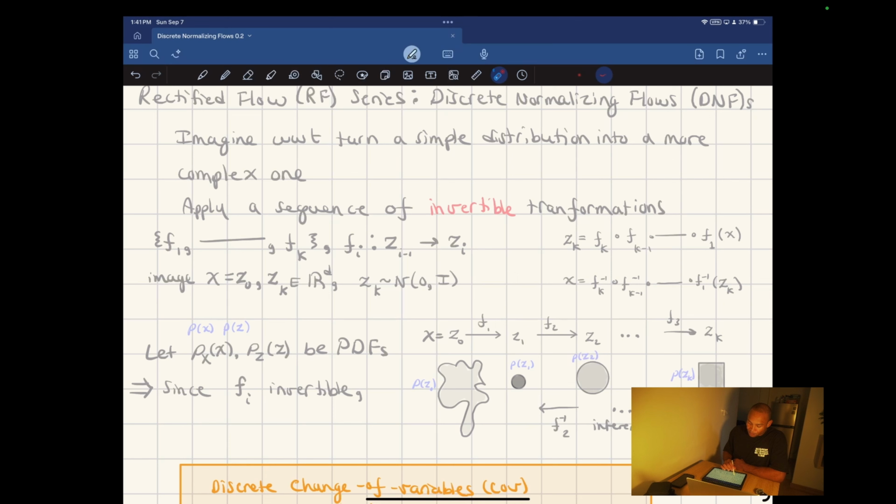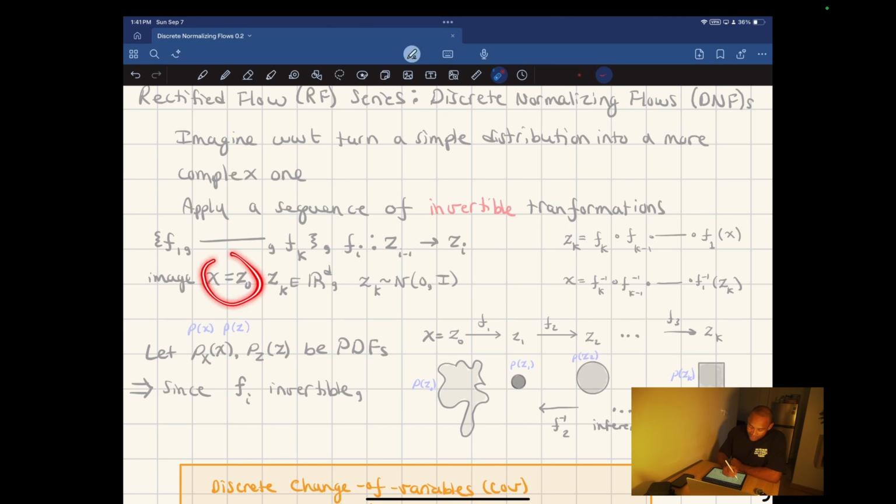Let's define the variables. The goal is we want to turn a simple distribution into a more complex one. Say we have these invertible maps f_1 all the way to f_K, where all of these maps take z_{i-1} and go to z_i. So f_2 is a map from z_1 to z_2, and so on.